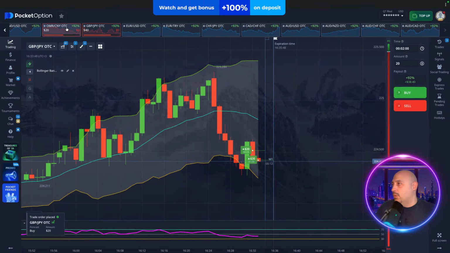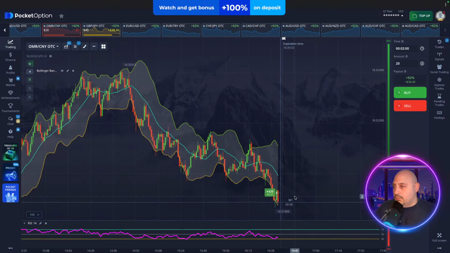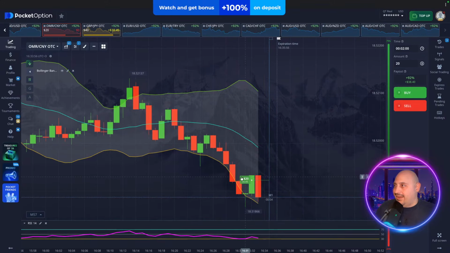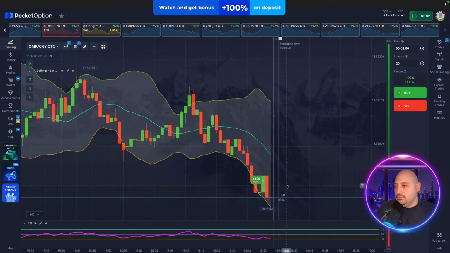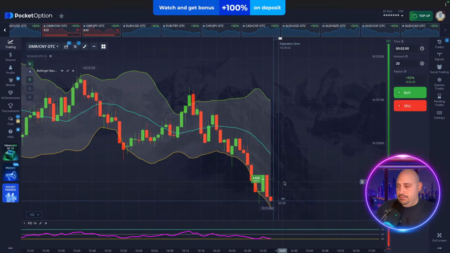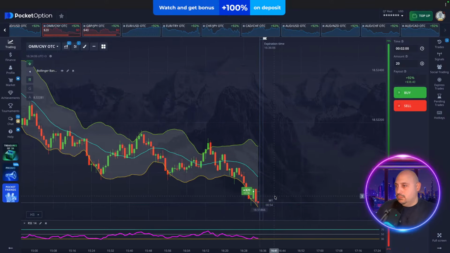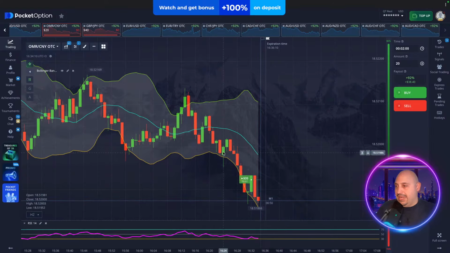All right, there we go. I think the downtrend is clearly pushing to the downside. Look at that. Look at that. Invalidated everything.